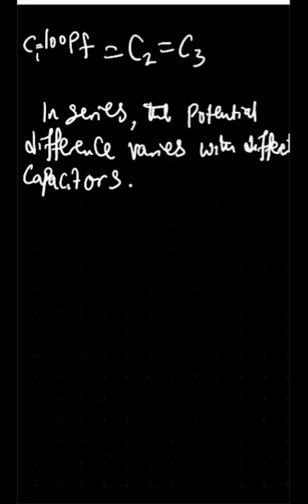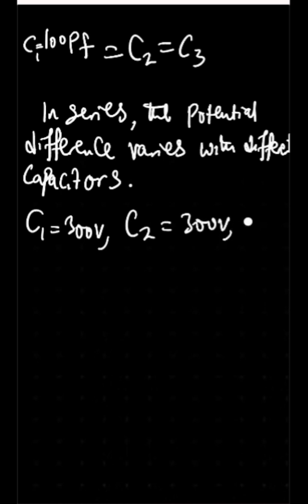So they say that they are charged to 300 volts each. So it means that C1 has 300 volts, C2 has 300 volts, and C3 has 300 volts. They say determine the potential difference between the plates. That means determine the overall potential difference. That's what they are trying to say.